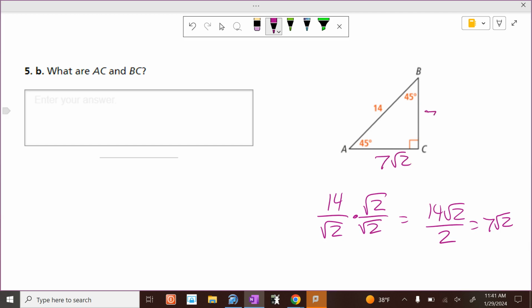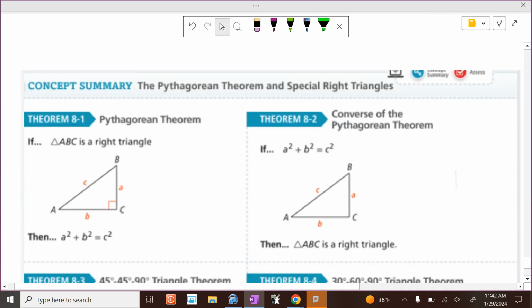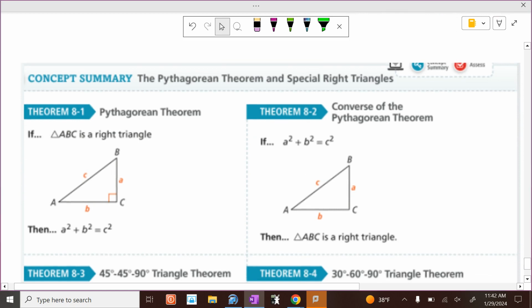So this one, if this would have been an odd number, then you'd have kind of a weird fraction. But because 14 divides by 2, then it's just 7 square root of 2, not 3, 2 for each of those. Okay? All right. Feeling a little more comfortable with this now?